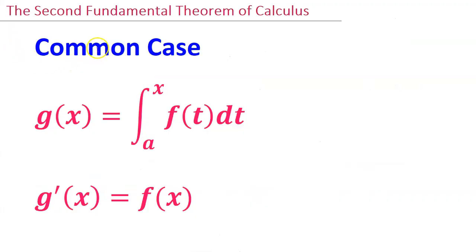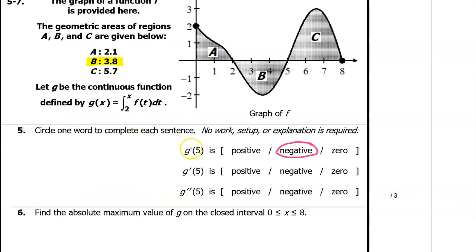For the next problem, we will use the second fundamental theorem of calculus, specifically the common case, which is the one we get to use when the lower limit of integration is a constant and the upper limit is just x. In this case, g prime will simply equal f of x. That's the situation we have here, the common case.